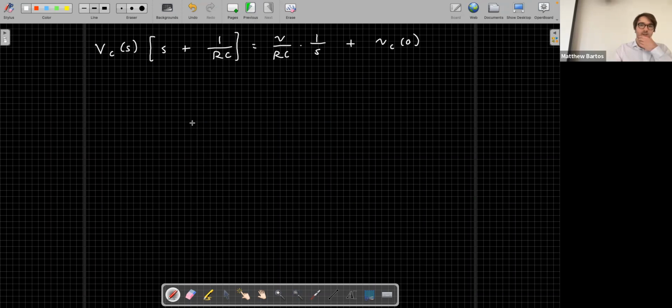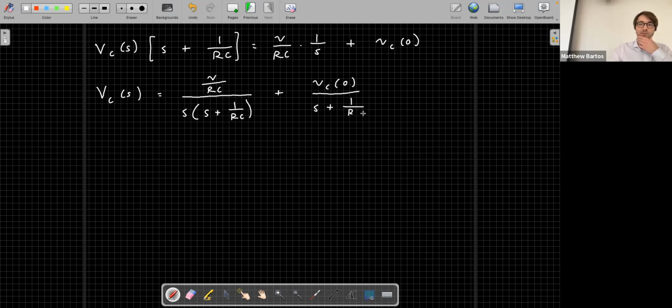All right, let's divide through by this term here. So we'll end up with VC of S is equal to V over RC, all divided by S times S plus 1 over RC, plus the term corresponding to our initial conditions, VC at time 0, divided by S plus 1 over RC.